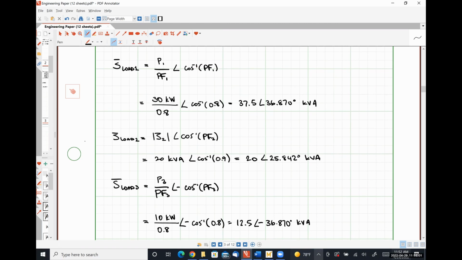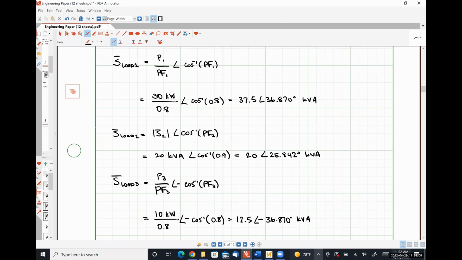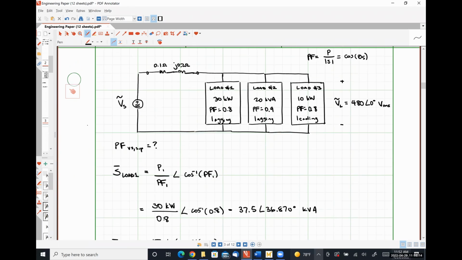All right, so we have determined the complex powers that are associated with our loads. If we look back at our representation here, we know the complex power absorbed by load 1, 2, and 3. We do not know the complex power absorbed by our transmission lines, represented by that impedance 0.1 plus j0.2 ohms.